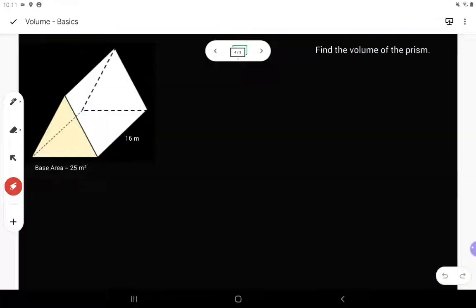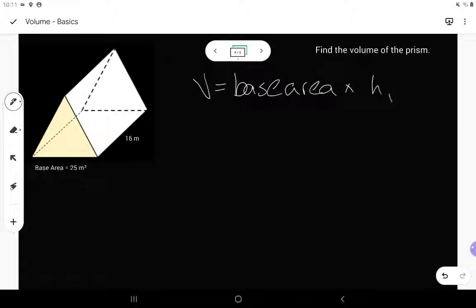It says base area is 25 meters squared, and remember, for a triangular prism, the base has to be a triangle, so that's this triangle outlined in yellow here. Okay, so that's the base area. And the nice thing is, the formula doesn't change. Base area times the height of the prism. Well, my base area here is 25. My height of the prism is 16.